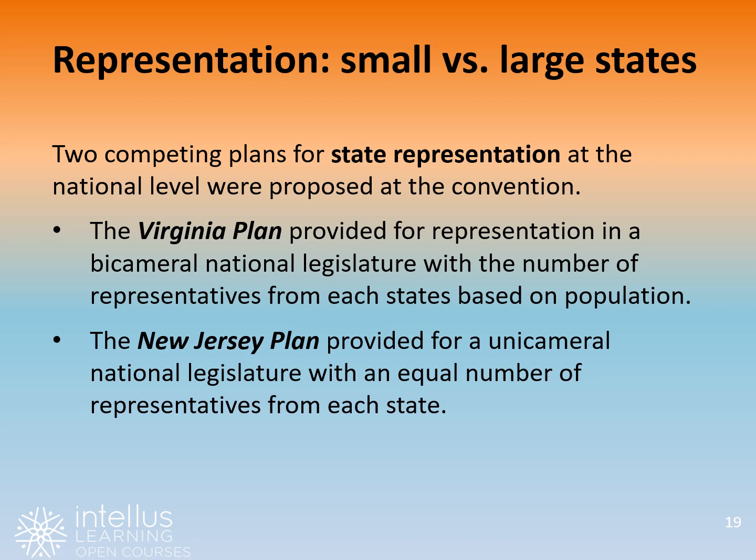On the opposite side, the New Jersey Plan provided for a unicameral national legislature with an equal number of representatives from each state. So the Virginia Plan called for a bicameral national legislature with representatives from each state being based on the population of that state. The New Jersey Plan called for one national legislature with equal numbers of representatives from each state.